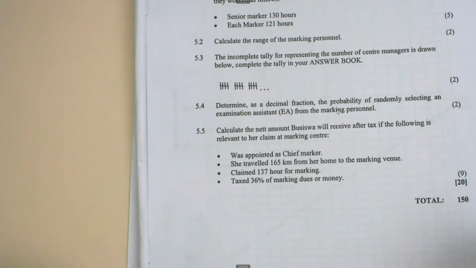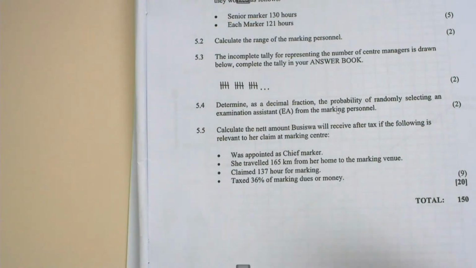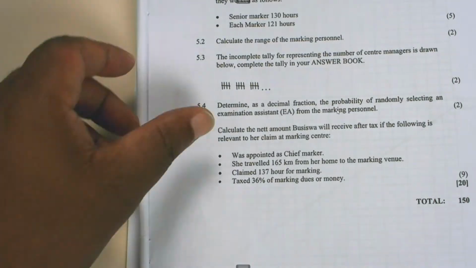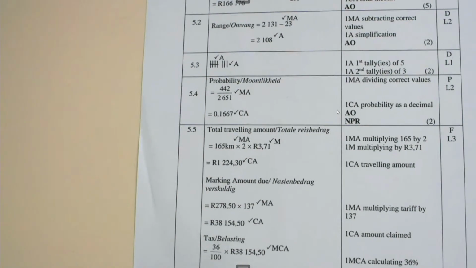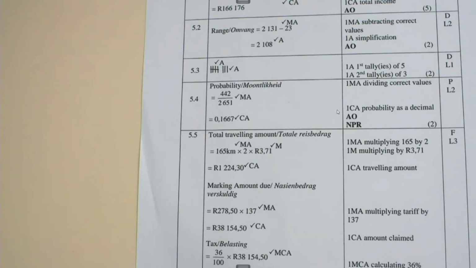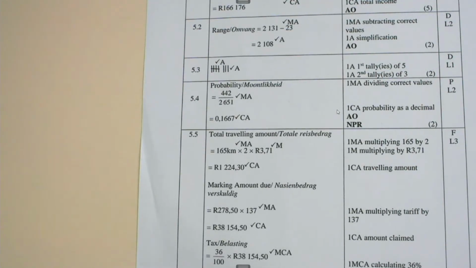5.4. It says determine as a decimal fraction the probability of randomly selecting an examination assistant from the marking personnel. Right. Let's look at that. It says determine as a decimal fraction.